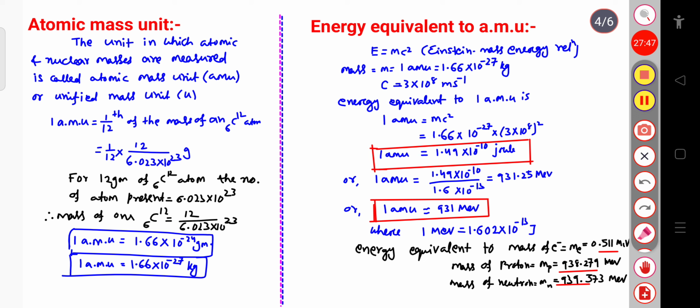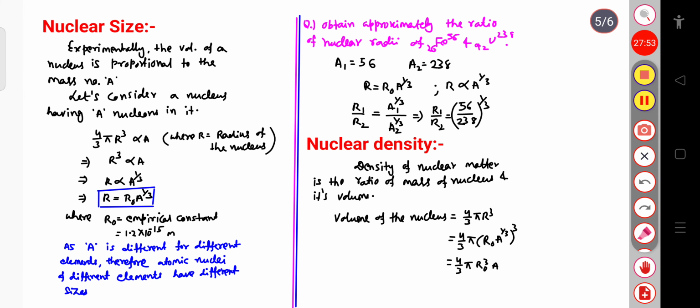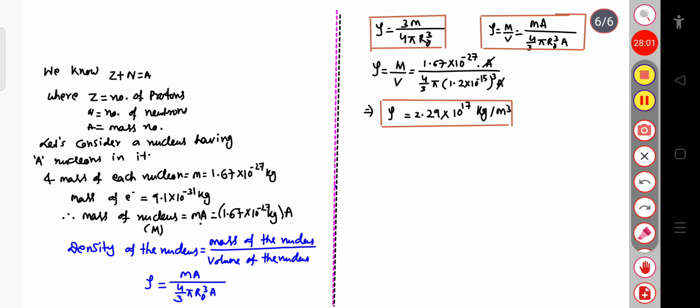Similarly, you can see the energy equivalent to the mass of the electron, proton and neutron. Next we have seen the nuclear size, R equal to R naught A power 1 by 3, and the nuclear density equal to 2.29 into 10 power 17 kg per meter cube.